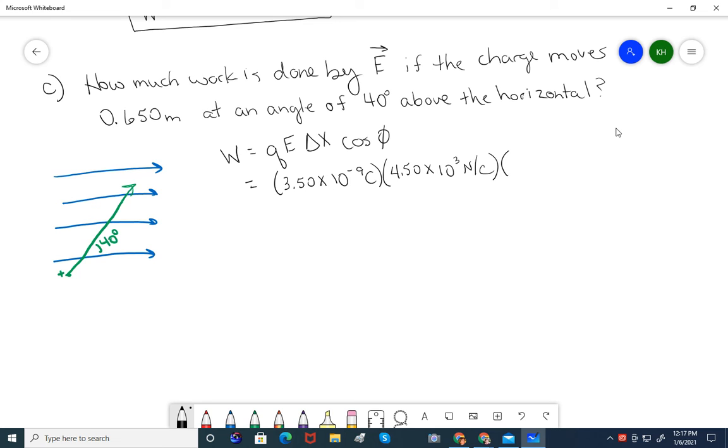We did change the displacement. We'll let it go a little farther. 0.650 meters cosine 40 degrees. So the work done in this case was 7.84 times 10 to the negative 6 joules.